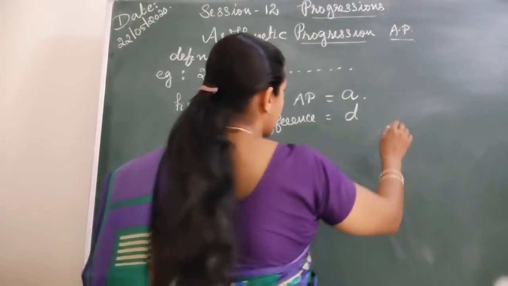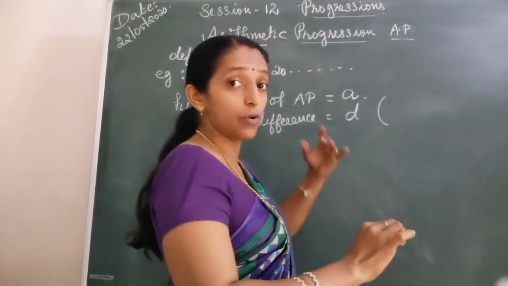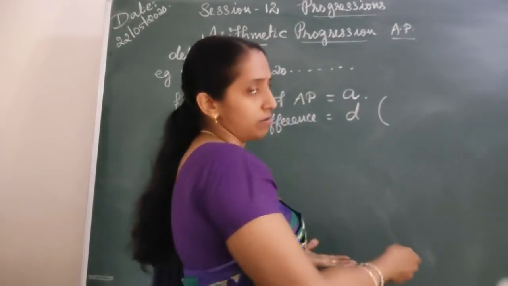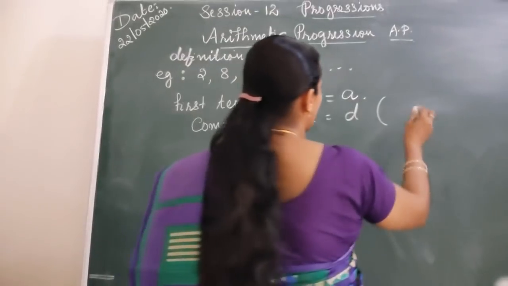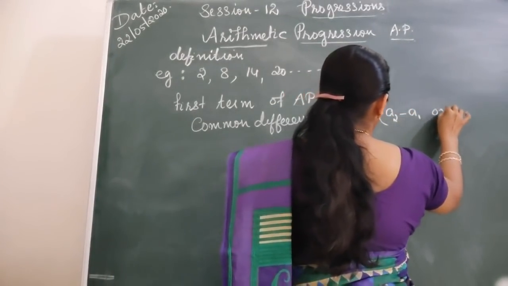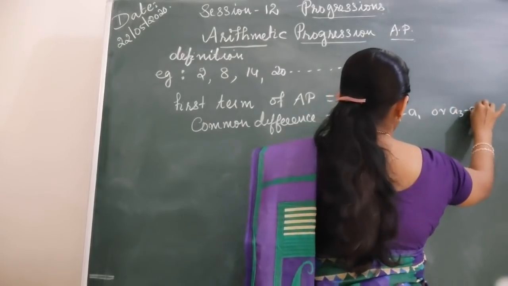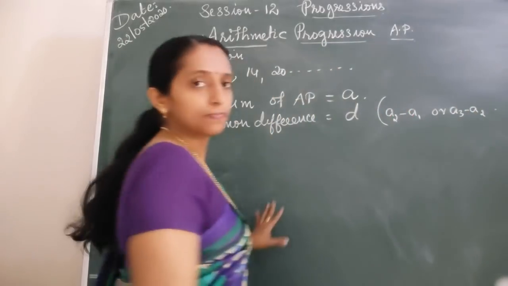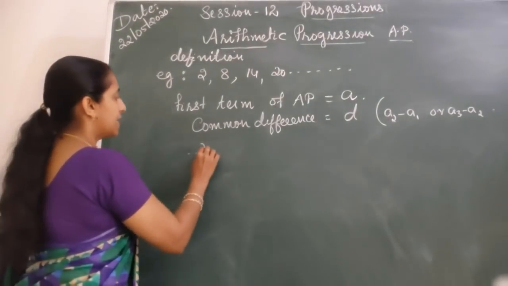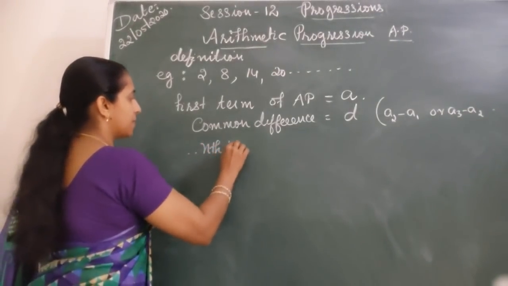In brackets you can write how to calculate it. If you are having confusion, write down A2 minus A1 or A3 minus A2. That is how to calculate D.